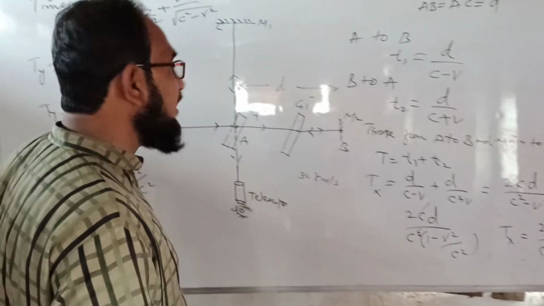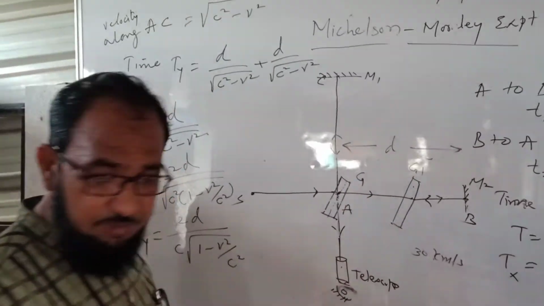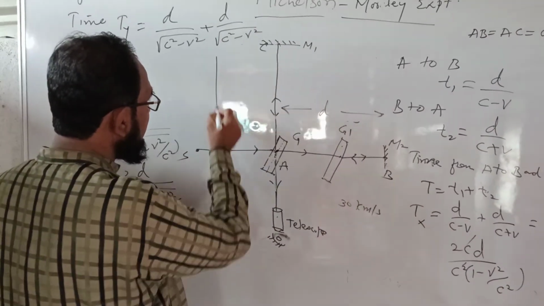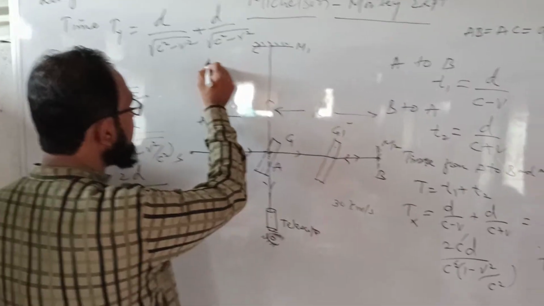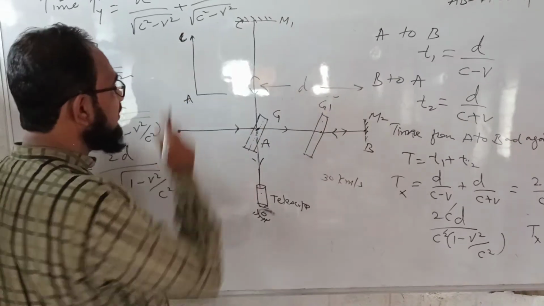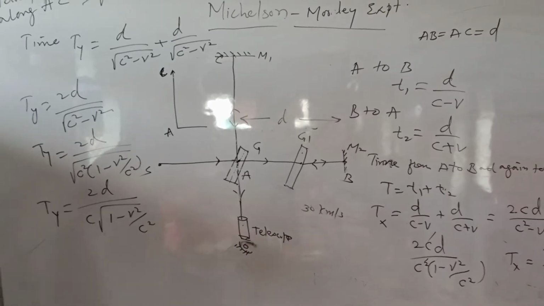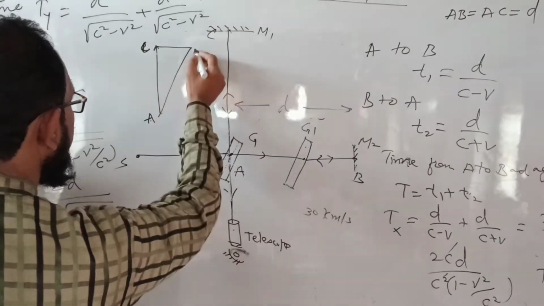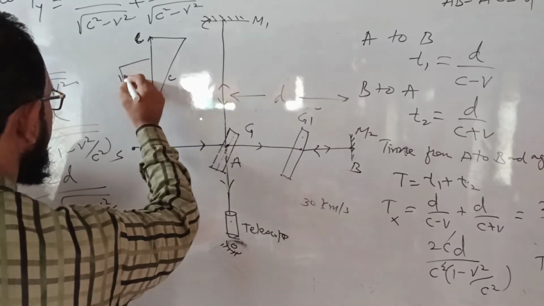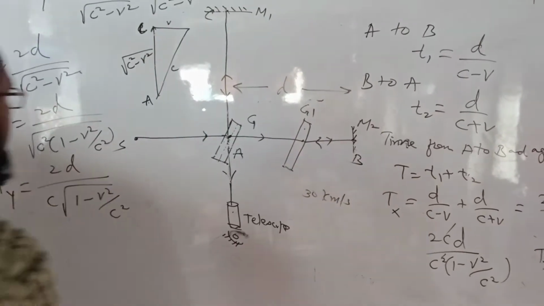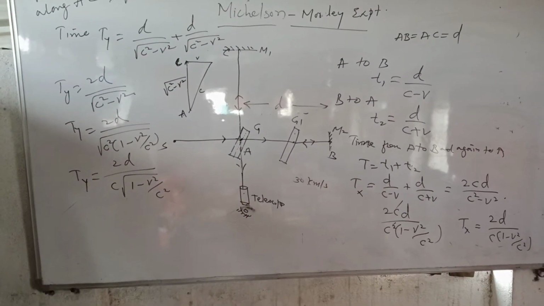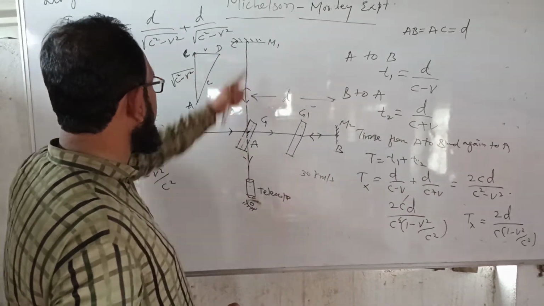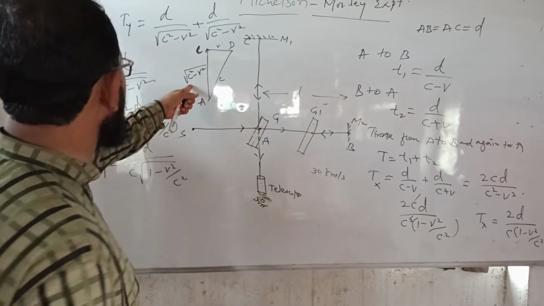Now similarly we can calculate the time in the y direction. Here there is a point A and a point C. If this velocity is c, then this part is root over c square minus v square, and this distance is d. So the velocity of light in this direction, along AC, is root over c square minus v square.